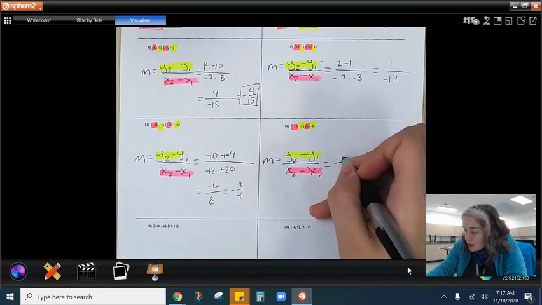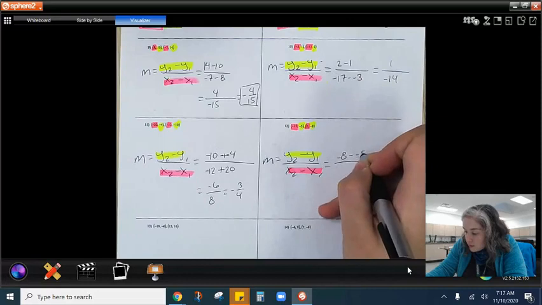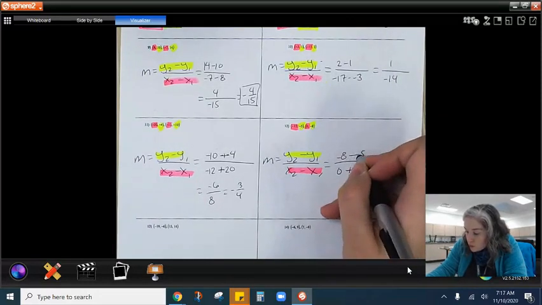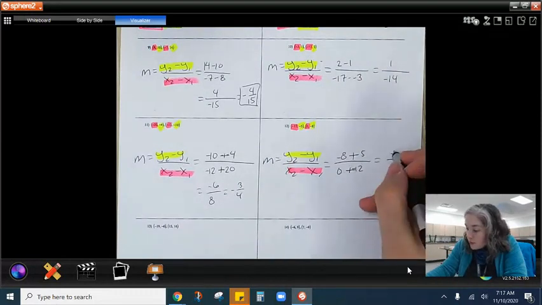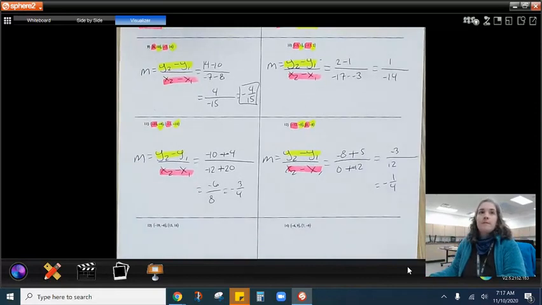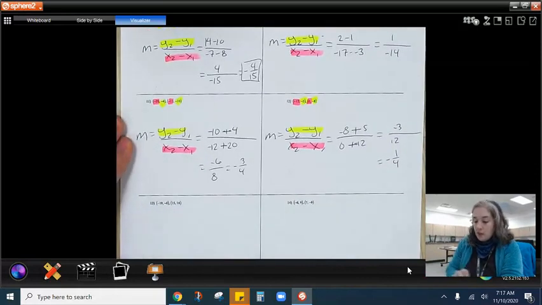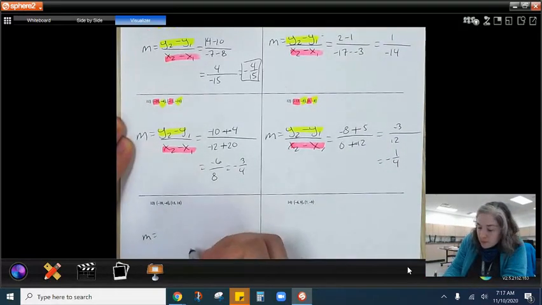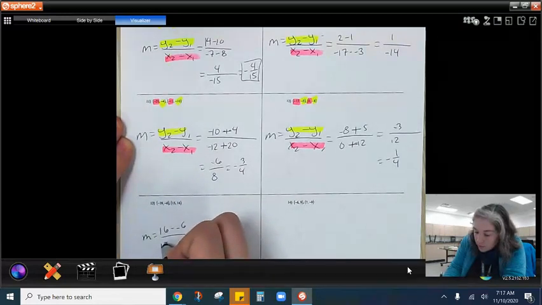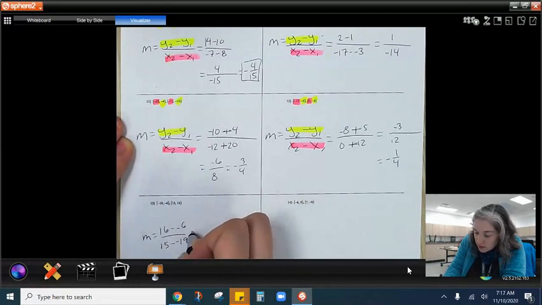For this one, we should have negative 8 minus negative 5, and then 0 minus negative 12. Those turn into pluses. So we end up with negative 3 over 12, which would be the same thing as negative 1/4. All right, for these ones down here, you should have 16 minus negative 6 over 15 minus negative 19.